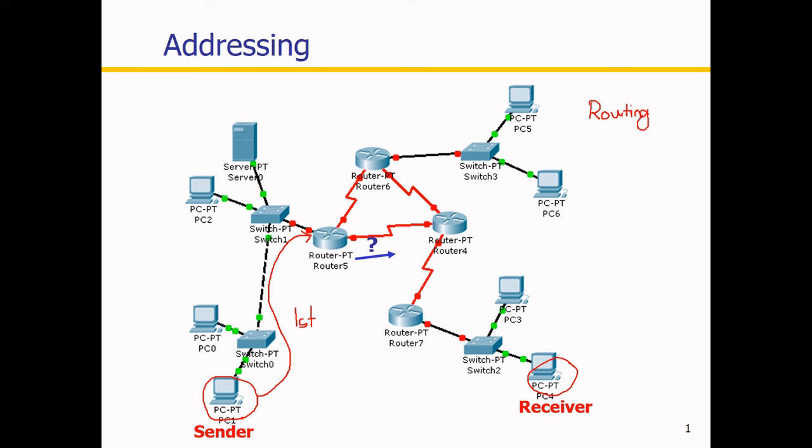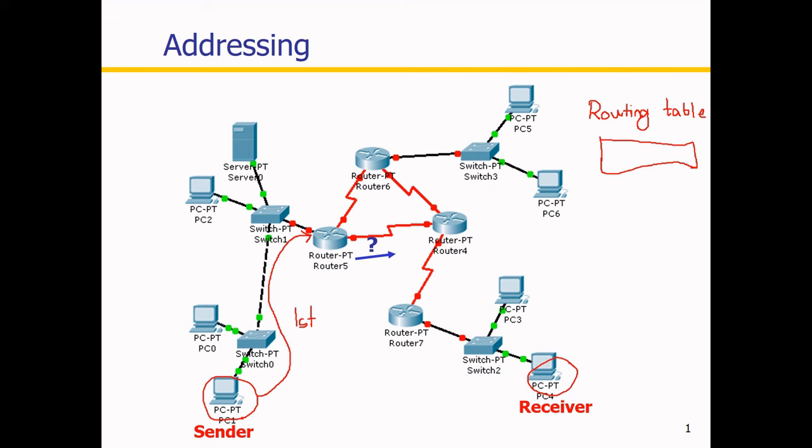This is something you will be learning in computer networks. A router basically has information regarding where to send the data. If you have outgoing data for a separate network, the routing table will have information regarding this. So router 5 already knows which way to send the data.